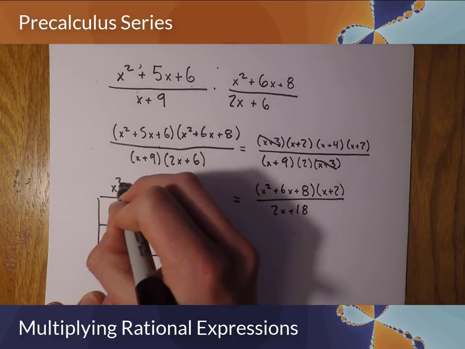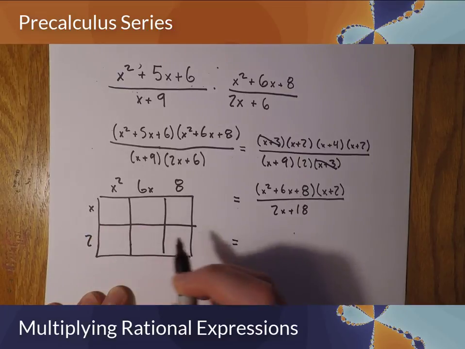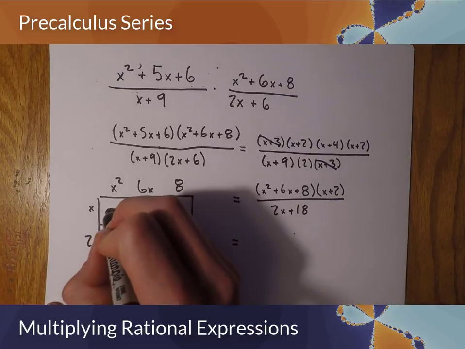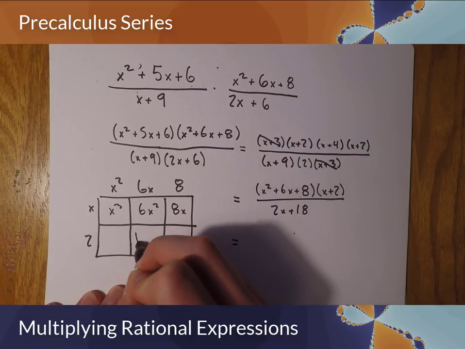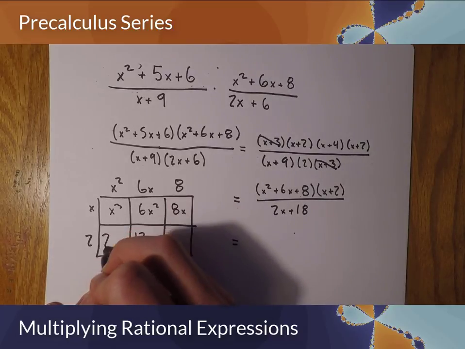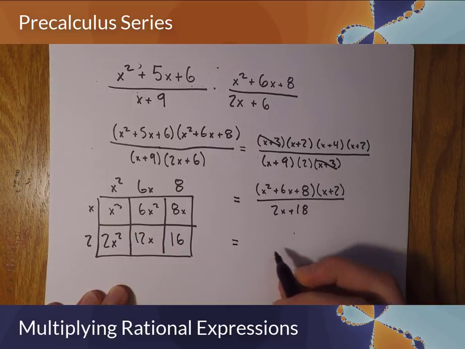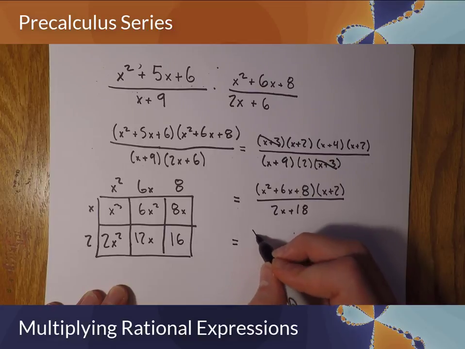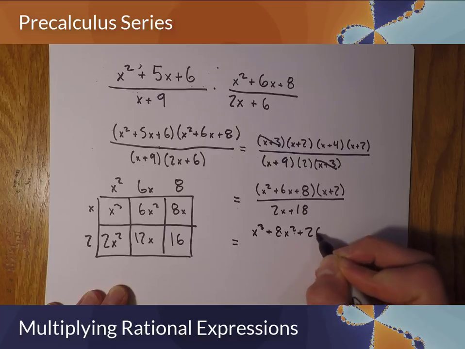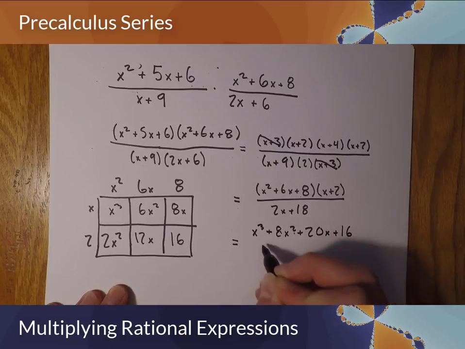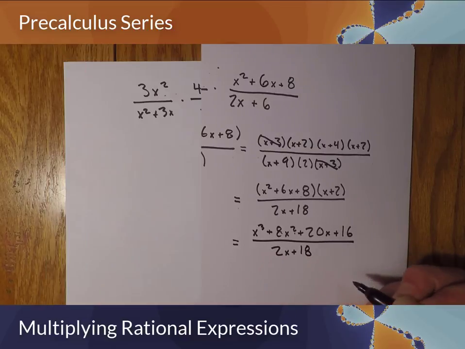So we have (x squared plus 6x plus 8) times (x plus 2). So now we have x cubed, 6x squared, 8x, 2x squared, 12x, and 16. And so now we're left with x cubed plus 8x squared plus 20x plus 16 over 2x plus 18.